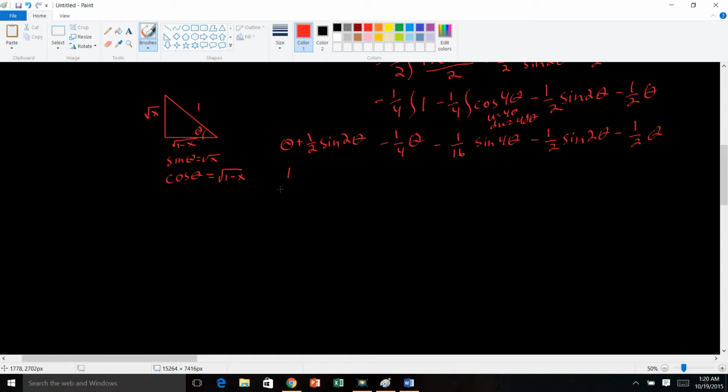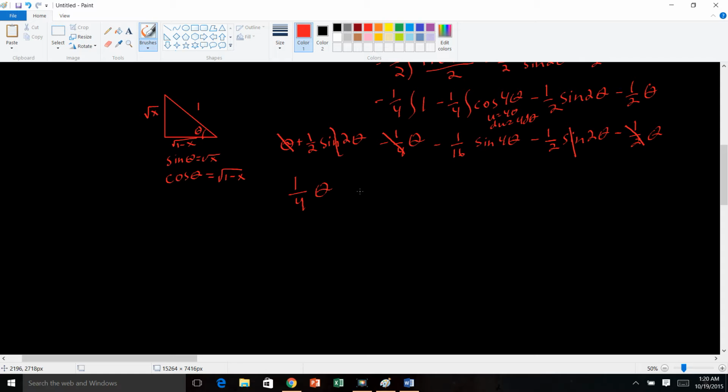We're left with 1/4 theta. So we got rid of these. Now what do we have? We have a negative 1/2 sine 2 theta and a positive 1/2 sine theta. So that goes to 0.